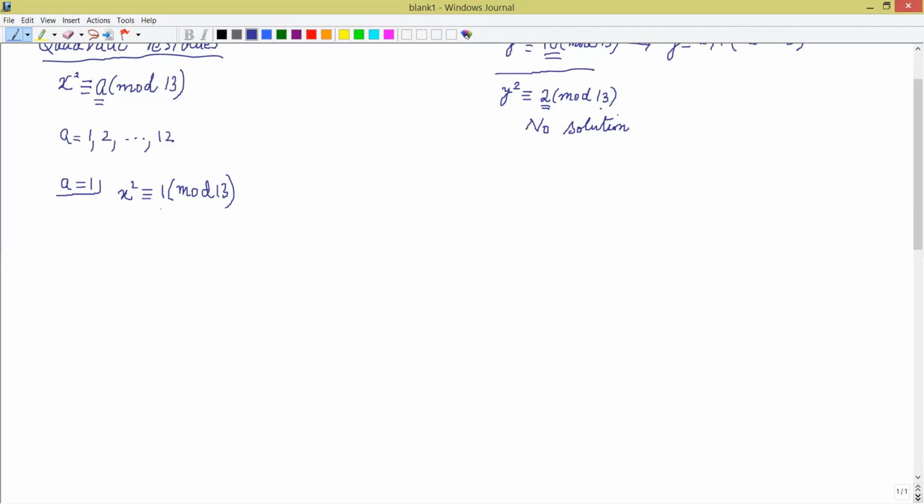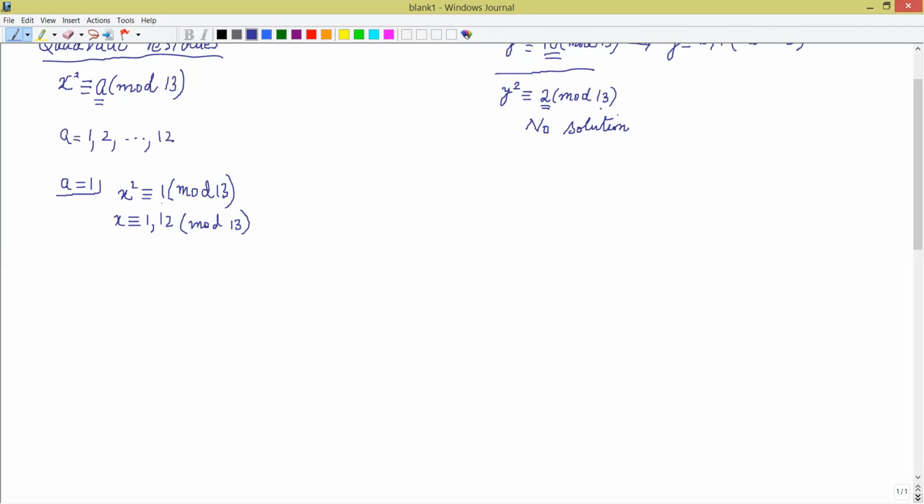In this case, this quadratic congruence is solvable, because if we put x equals 1 or 12, x is equal to 1 and 12 are the solutions.